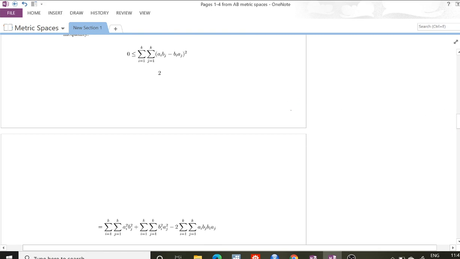you have some sums of squares of the ai bj squared, so that's this here, plus the bi aj squared, that's this here, and then you have minus 2 ai bj times bi aj, so that's this here, right?